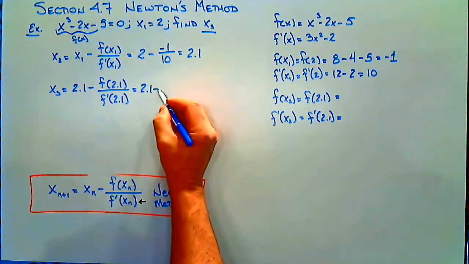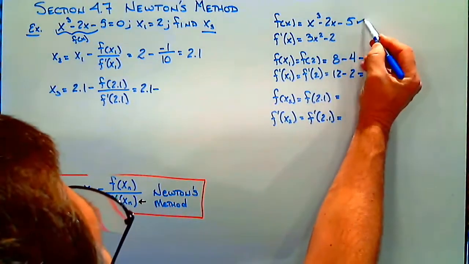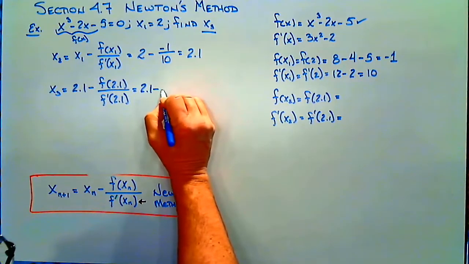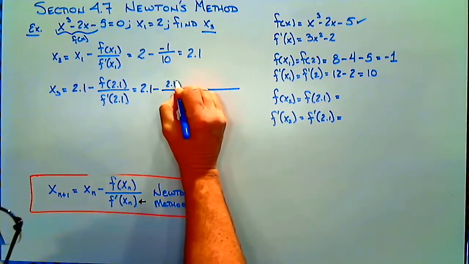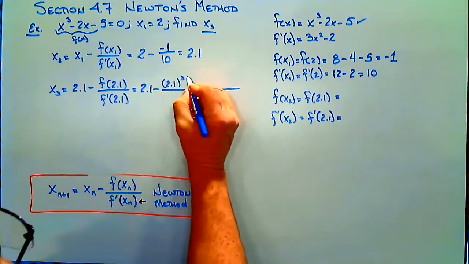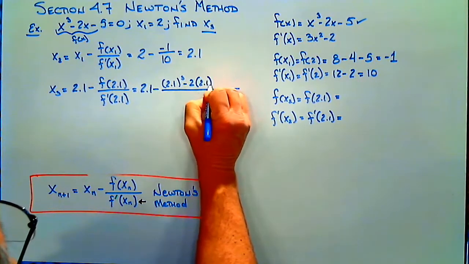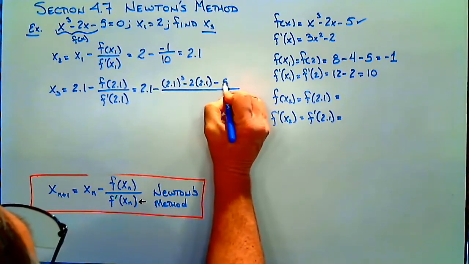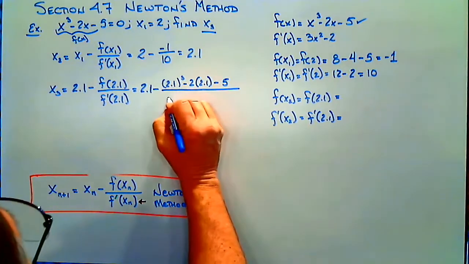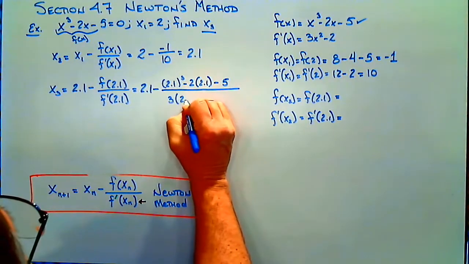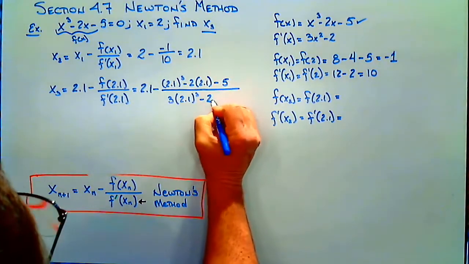So what do we need? We're finding f of 2.1. F is this function right here. So what do we have here, right? We're going to subtract a fraction. So we're going to have 2.1 cubed minus 2 times 2.1 minus 5, right? That's going to be our numerator. Our denominator is going to be 3 times 2.1 cubed minus 2, right?